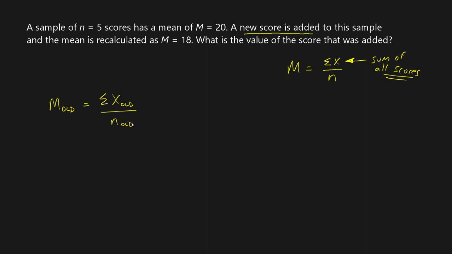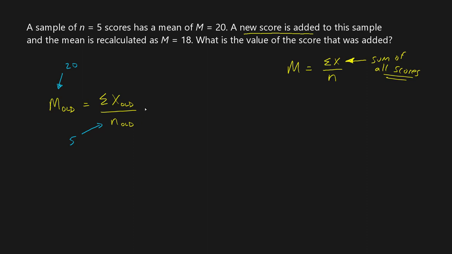So we know two things here. We know that this was 20, and we know that this was 5. So considering that we know two parts of this equation, and there's three parts, we can rearrange it and solve and figure out what the sum of your old x values was.